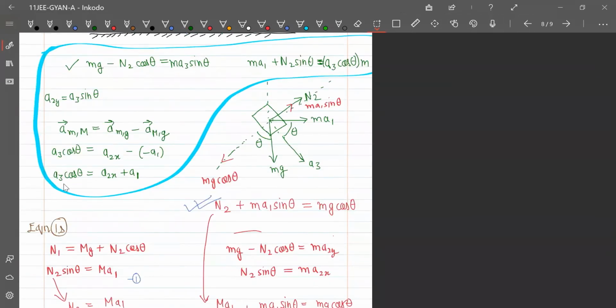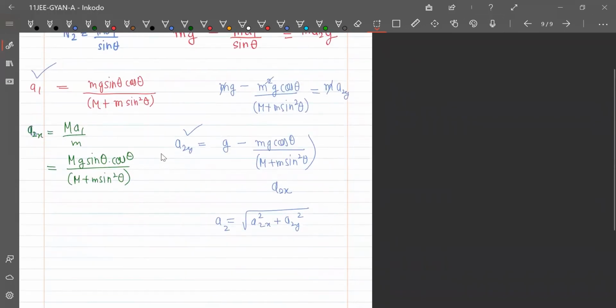And one more thing we have learned, this relative acceleration, A3 cos theta is the relative acceleration in the horizontal direction. Right? So if you want to find acceleration of the block, that is the smaller mass, with respect to the inclined plane, that will be just A1 plus A2x in the horizontal direction, of course. दोनों को sum कर देंगे, so that will be the answer.